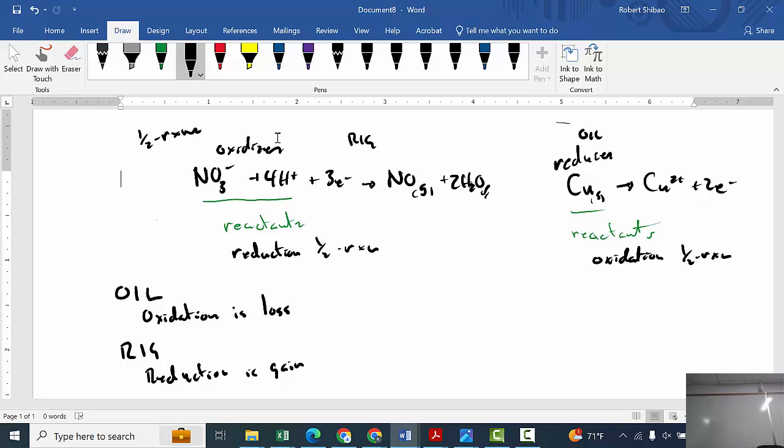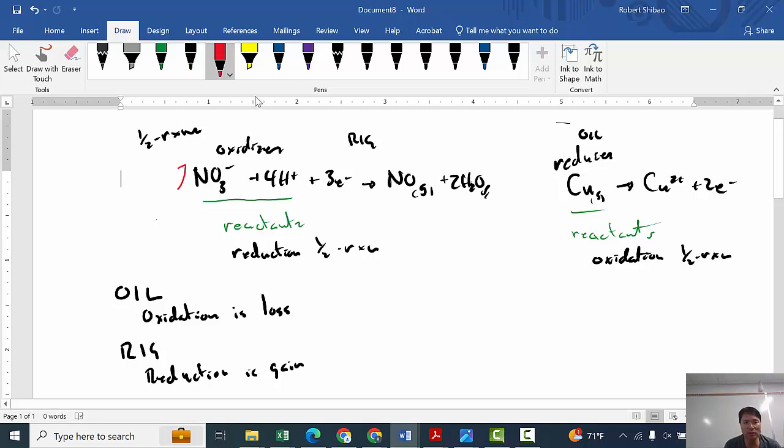In other words, the easiest thing is just to cross multiply. And so I'm going to cross multiply here, multiplying the first reaction by 2. So I'll need 2 nitrates, and that's going to give me 8 H plus, 6 electrons, gives me 2 NO and 4 H2O.